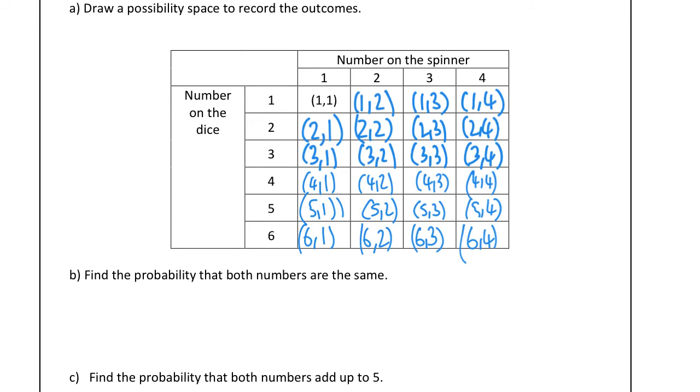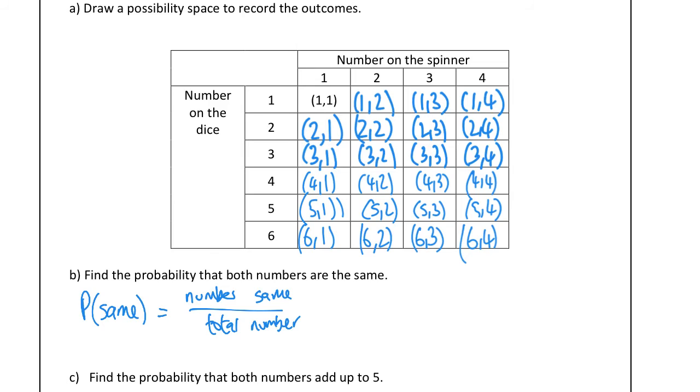Now we can use the possibility space to work out probabilities. So what we're asked for, what's the probability that both numbers are the same? So the probability of the same is going to equal the number that are the same divided by the total number.